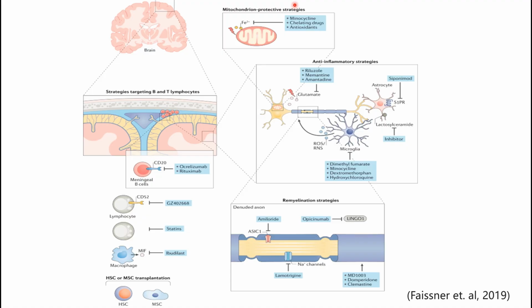There are also anti-inflammatory strategies, which target glial cell activation and excitotoxicity. Lastly, there are remyelination strategies, which have a goal to repair damaged myelin sheaths, focusing on remyelination again.